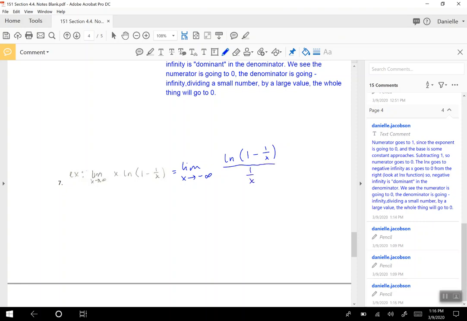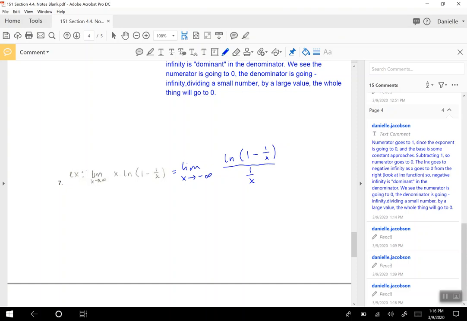Algebraically, if I divide by 1 over x, remember that's the same as flipping and multiplying, so it's really the same as multiplying by x. I just change the way I've written the x. It still means the exact same thing.